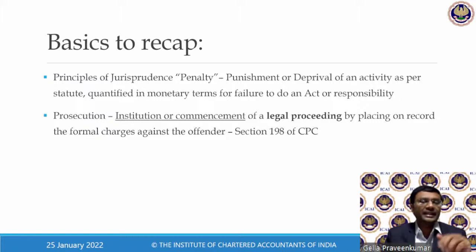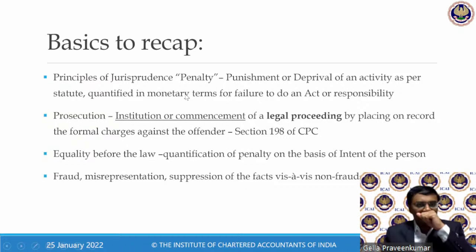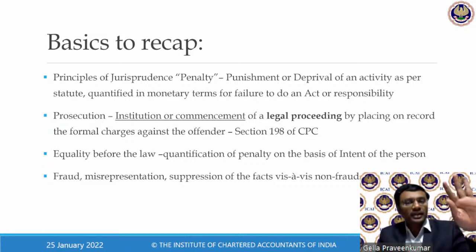Prosecution is a proceeding under CrPC provisions against a person. Fraud, misrepresentation, suppression, vis-a-vis a person who is not a fraudster.